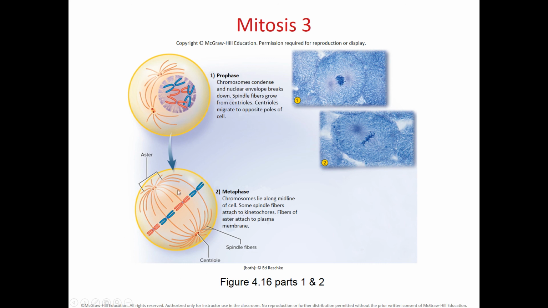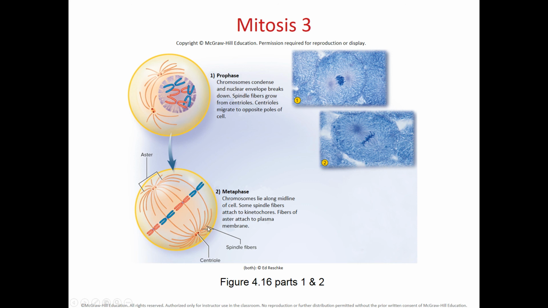Then during metaphase, at the equator of the cell, or the center of the cell, you align your 46 chromosomes in a horizontal manner. You then have a distribution of the centrioles at opposite poles of the cell, and the microtubules elongate and attach to the kinetochores on both sides of the chromosomes.